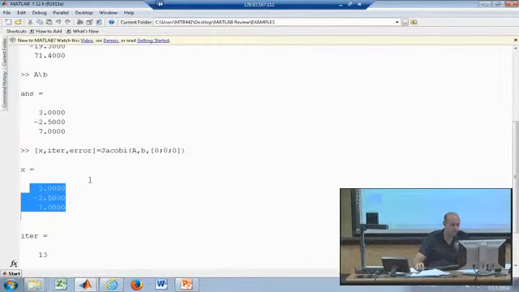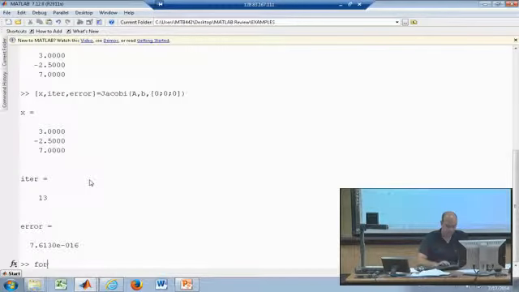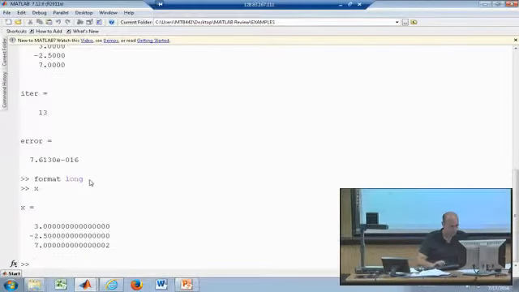If I did format long, I wonder if we get any error. Probably not. Okay, a little bit. You get a little 2 there at the back of the 7. But for all practical purposes, it gets the exact answer because I did enough iterations. It's technically not exact, but you wouldn't notice it.